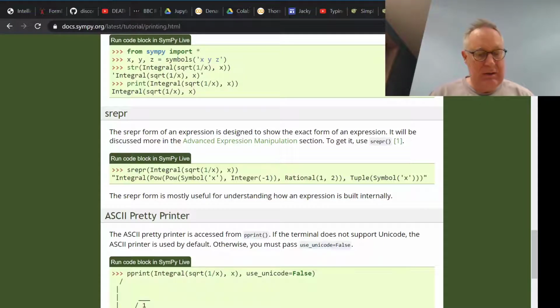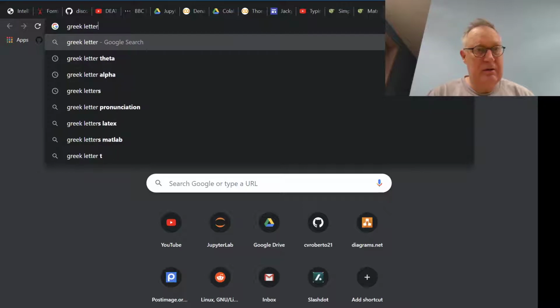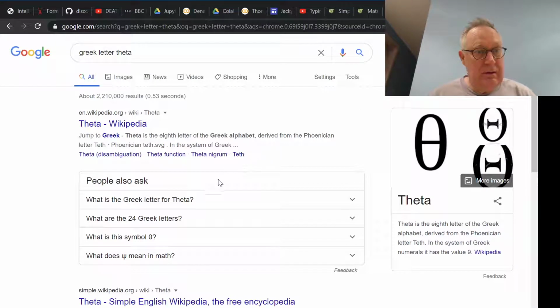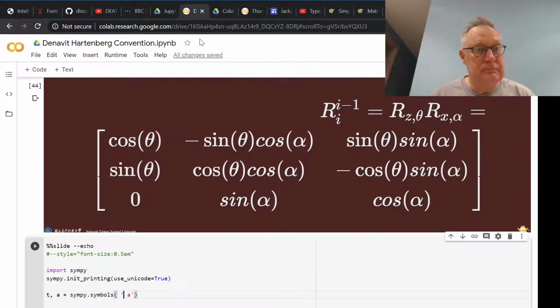Where are the Greek letters? Greek letters, theta, alpha.